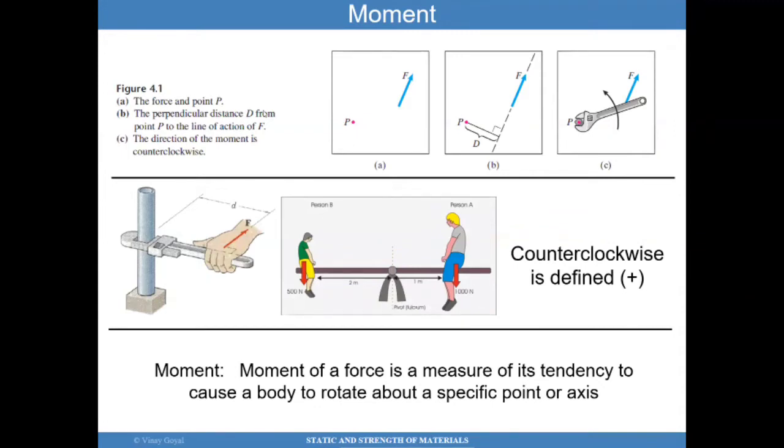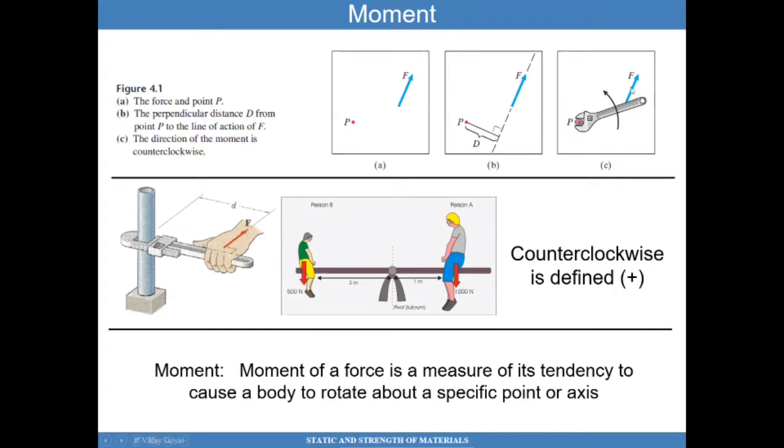As an example, here I have a force F, which is at a distance d from point P. And if I were to apply this force F at a distance d from point P, this force will cause a moment about P. For example, say I have a wrench, and that wrench was applying a force to a bolt at point P. This wrench, when a force is applied, will cause a rotation of this wrench. It will cause a moment about P.